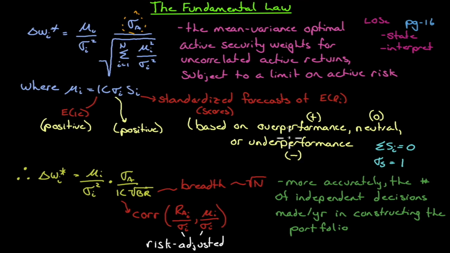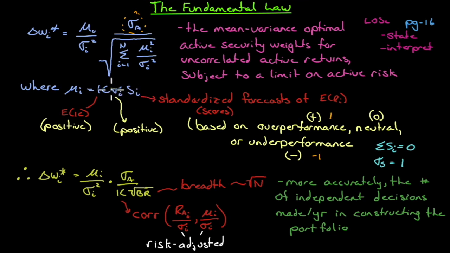Here's how the score works. It works based on categories of overperformance, neutral, and underperformance. So let's say these are the 3 categories we had and that was it. We're going to make no distinction about degrees of overperformance. It's either an overperform, a neutral, or an underperform. What we would do is score an overperforming stock with a 1, a neutral stock with a 0, and an underperforming stock with a -1.